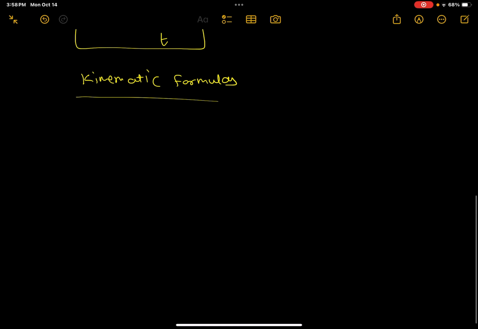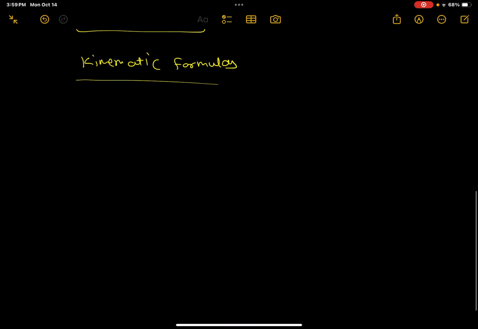For these we have v is equal to u plus at, s is equal to ut plus half at square, v square is equal to u square plus 2as, and s is equal to (v plus u) upon 2 times t, and we just convert all of them into angular notations. So omega final is equal to omega initial plus alpha t.